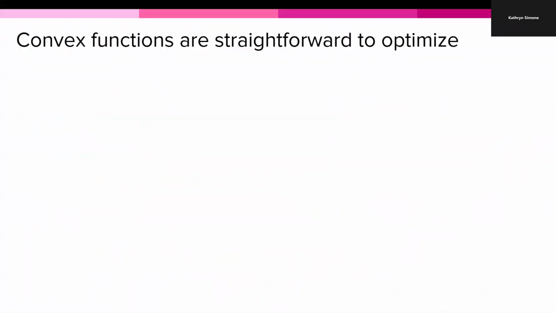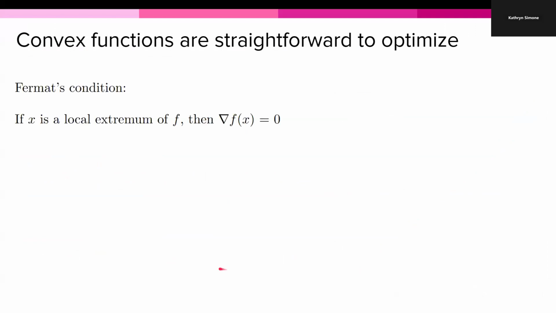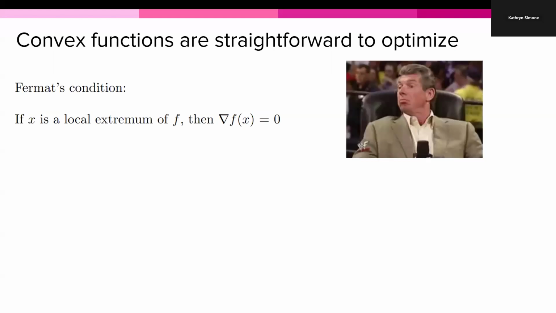And so why does convexity matter? Well, the rub really lies in Fermat's condition, which relates the gradient to the position of local extrema. Specifically, if x is a local extremum of f, then the gradient of f at x is 0. So yeah, this isn't that surprising. We could kind of tell that already.